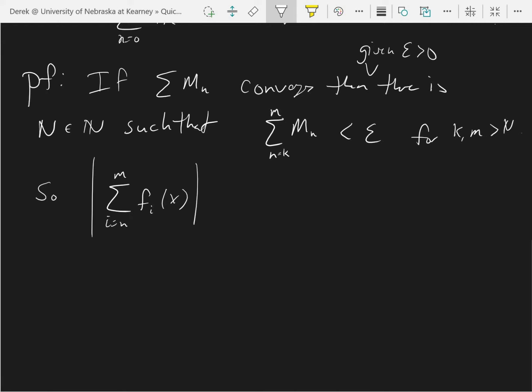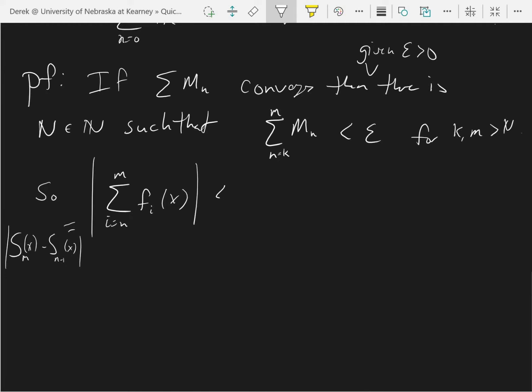Well, I'm going to use the Cauchy criterion on the sum, and so this is the partial sum at m minus the partial sum at n minus 1 at x in absolute value. So these are the partial sums, and that's how we show the Cauchy criterion for a series. Remember, you look at their partial sums. So if I can bound this by epsilon, I'd have the Cauchy criterion on the partial sums, so the partial sums converge, the series converges.